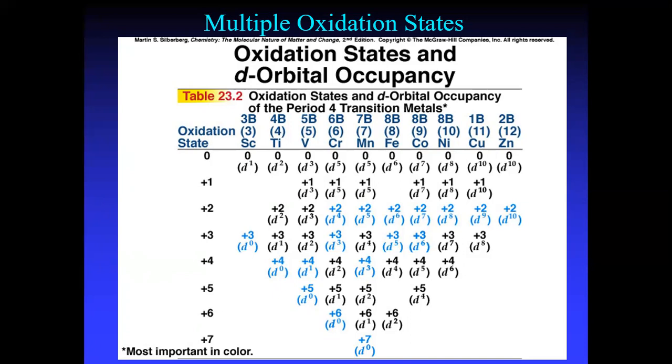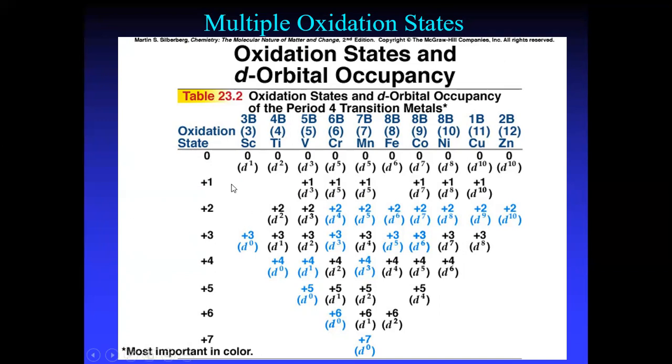Exhibiting variable oxidation states is an important property of transition elements. Successive ionization energy gradually decreases as electrons are removed. On removal of an electron you get a positive charge, and the charge exhibited on an atom is nothing but the oxidation state.